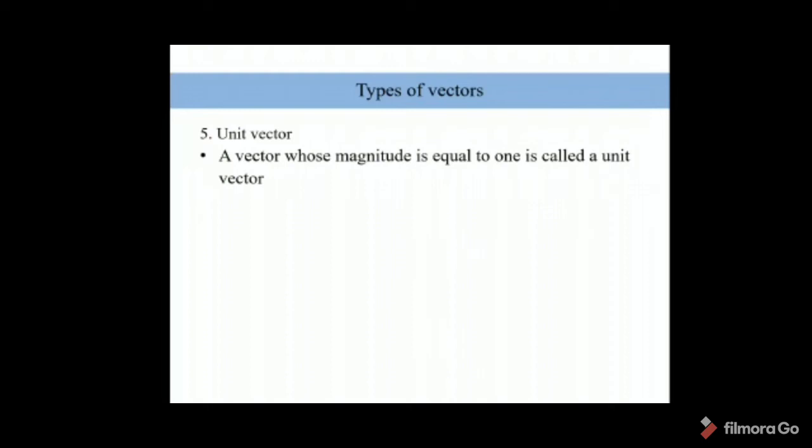Always, unit vectors we generally use to show the direction. Unit vectors have a value equal to only 1. Generally in physics we use unit vectors to show the direction. A unit vector always indicates the direction of something. Sometimes we also refer to unit vectors as direction vectors.